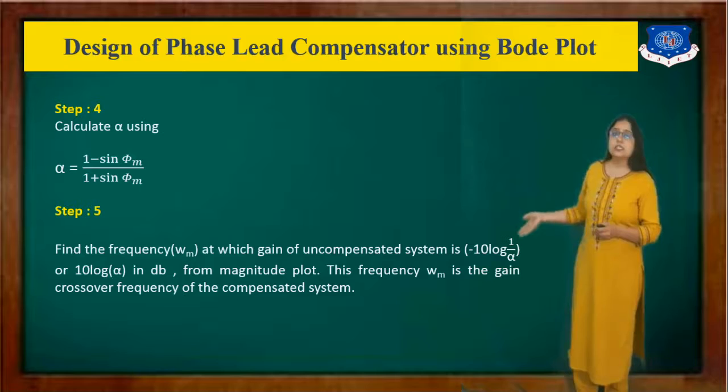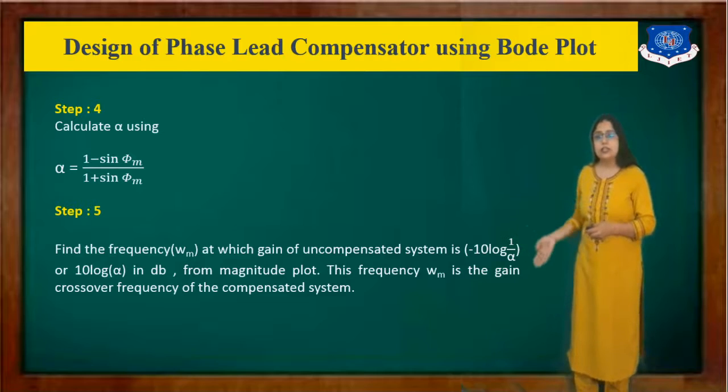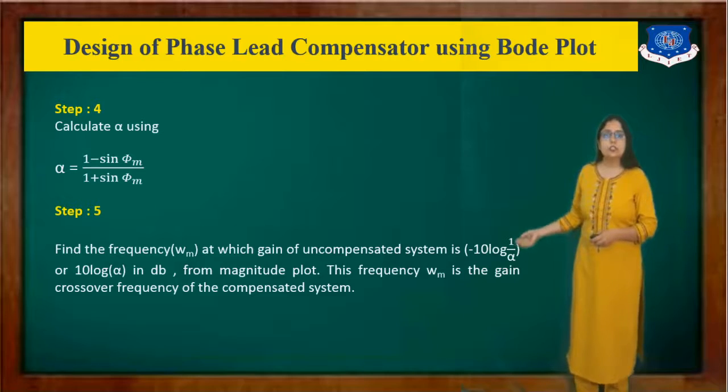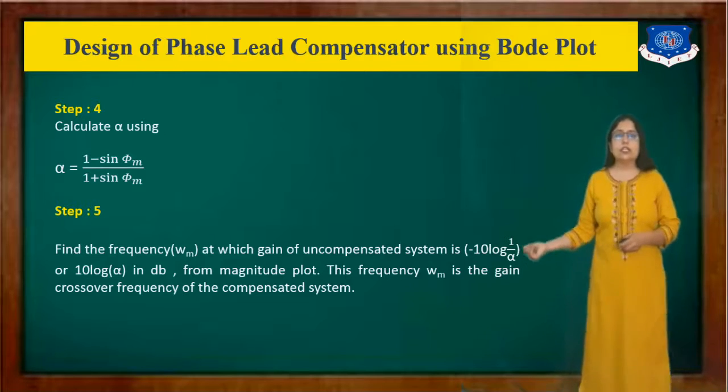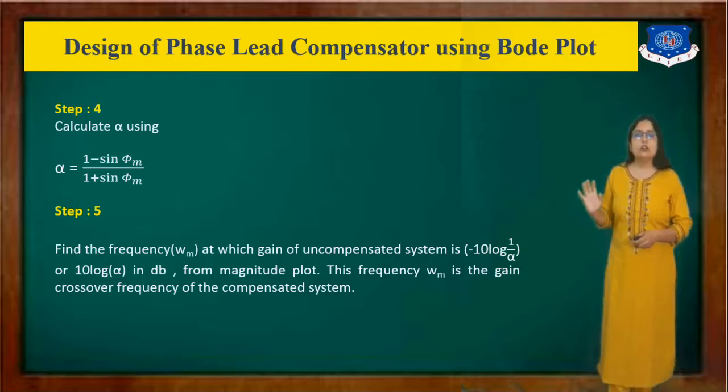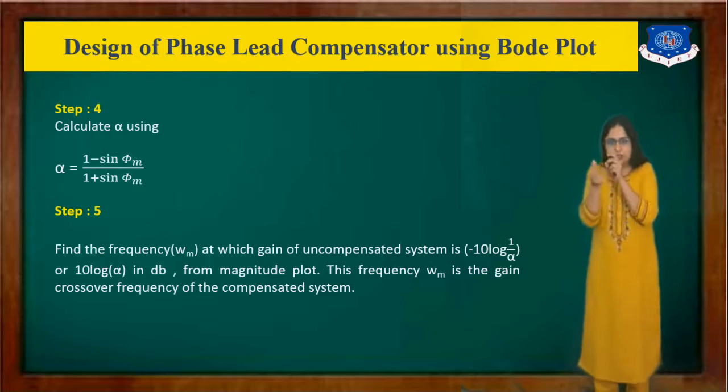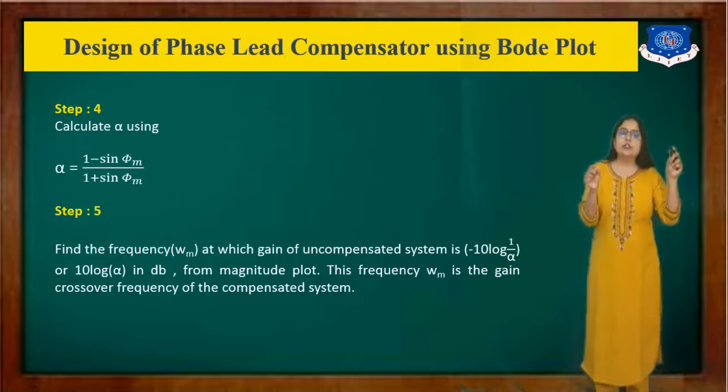This step we will discuss in detail when we solve the example related to this. Right now just remember that you have to find the gain, that is 10 log of alpha, and whatever the value in dB, you have to draw on the magnitude plot.